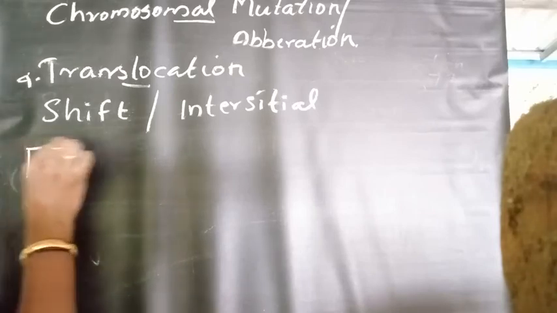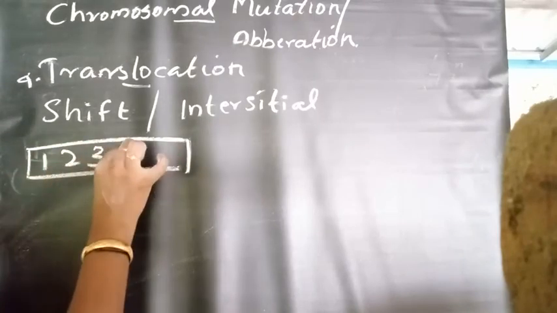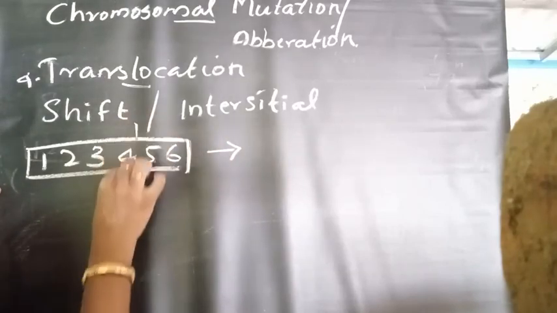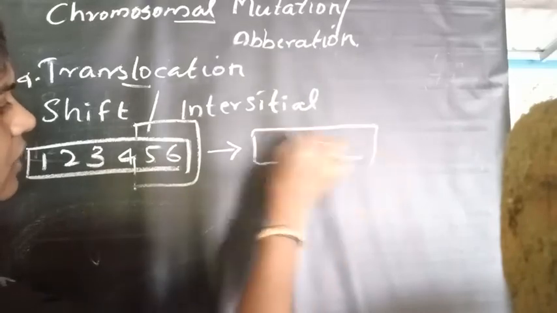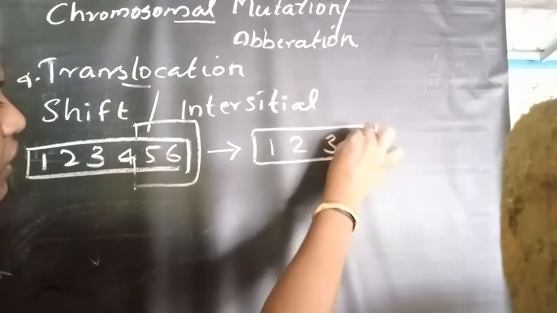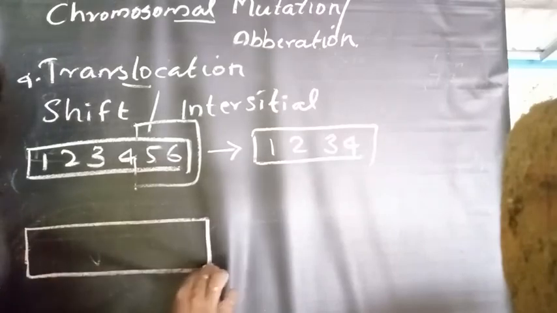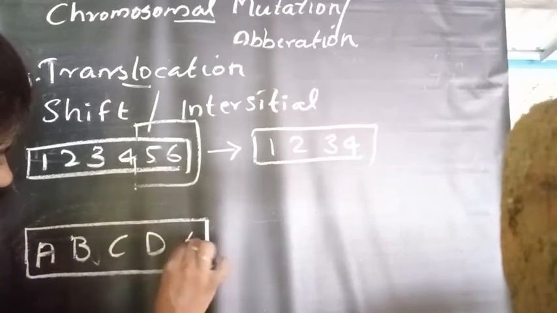We can take the same example: 1, 2, 3, 4, 5, 6. As a result of the breakage of 5, 6, it will become 1, 2, 3, 4. And these broken segments are rejoined to another chromosome having A, B, C, D, E.